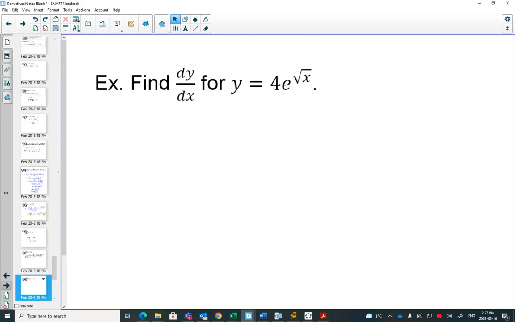So first of all, you see a square root. Oh, this one, I like this one. It's not that bad. Okay, fair enough.